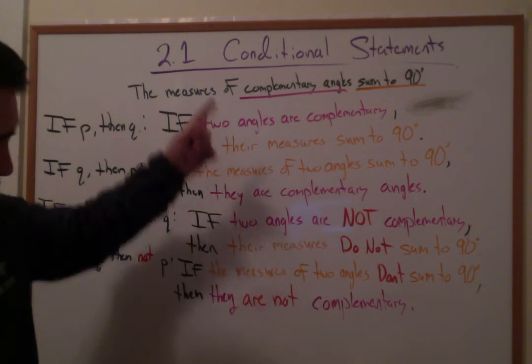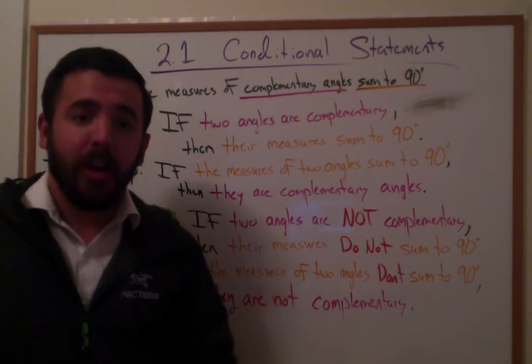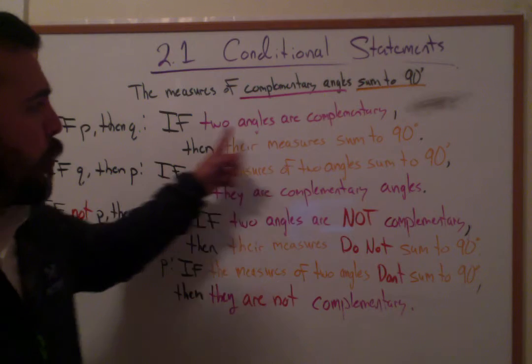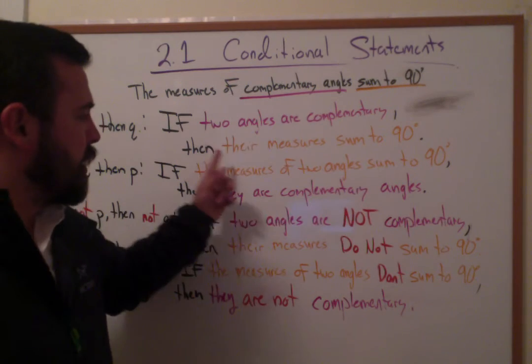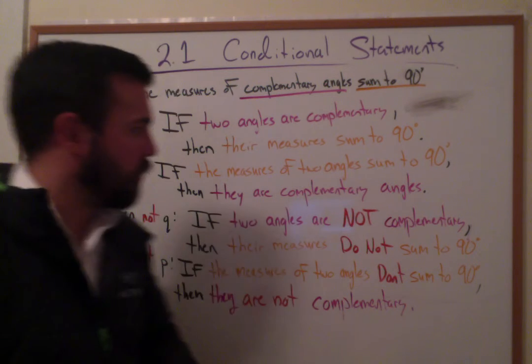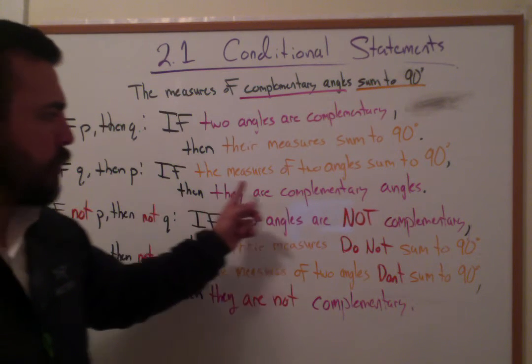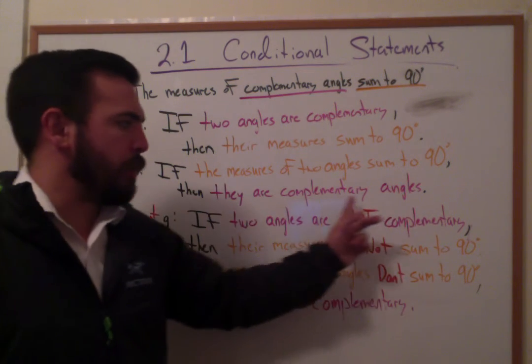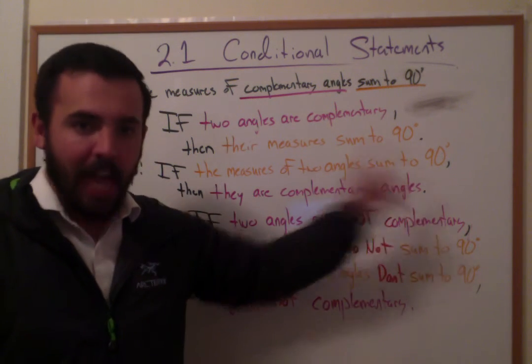Now, in this case right here, all of these are going to be true. If two angles are complementary, then their measures sum to 90 degrees. That is true. If the measures of two angles sum to 90 degrees, then they are complementary angles. That is true.